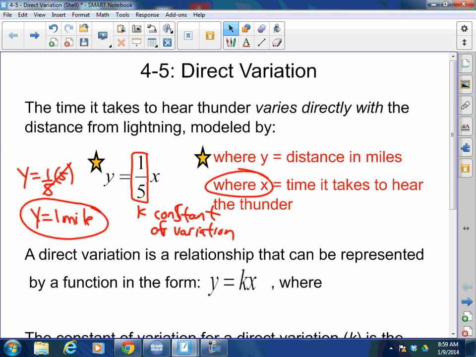There is only something being multiplied to that x. So direct variation, the function rule is y equals kx, where k cannot equal 0. If k equals 0, then there's no slope, and that means it's just a horizontal line.